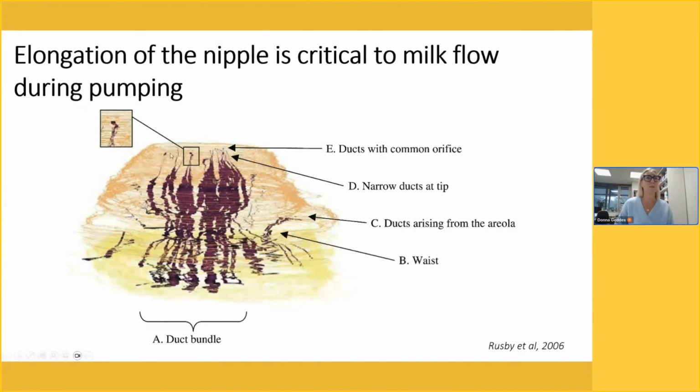So as the nipple is contracted, we can see these all bunch up, and they provide resistance to the flow through the nipple, much like it is slowing the car down that's driving down a windy road, as opposed to a car that might be driving down a straight road.